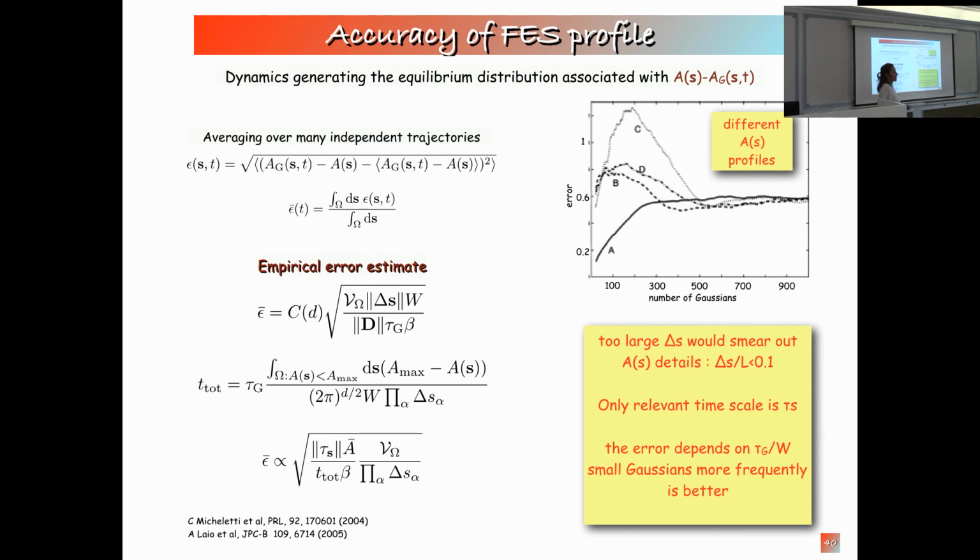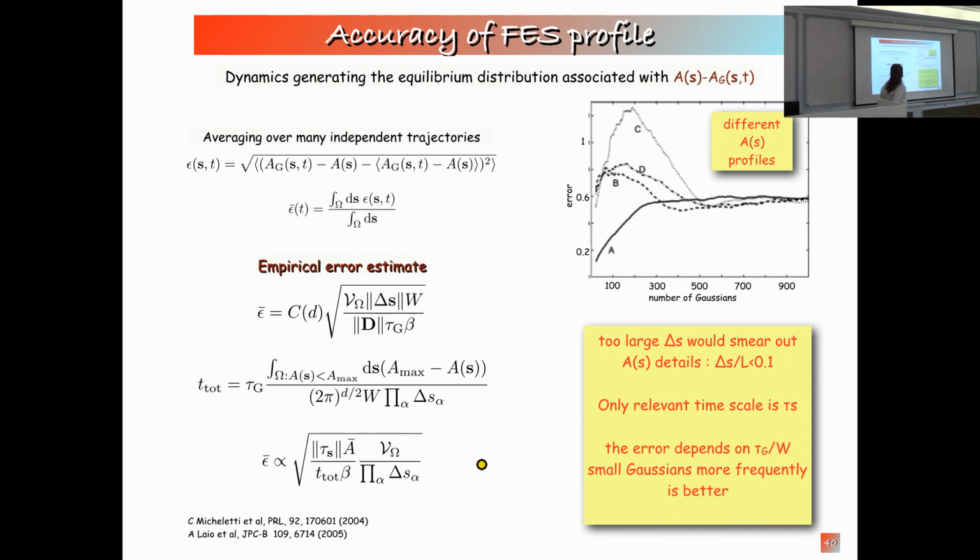If the size of the hill is larger than the typical fluctuation of your collective variables or of the features of the free energy, then you flatten them down and you don't see them. So the resolution with which you get the profile depends on the size of your hills. If you have something that is very large, you cover anything that is at lower resolution.